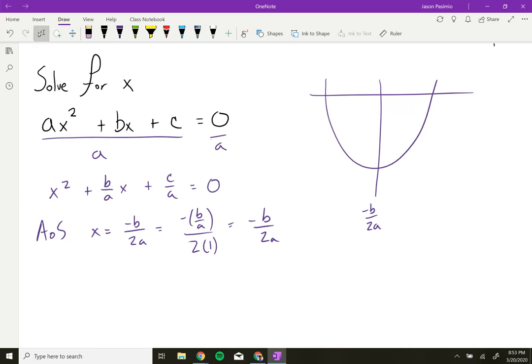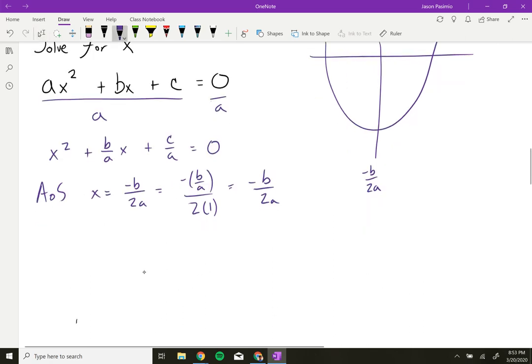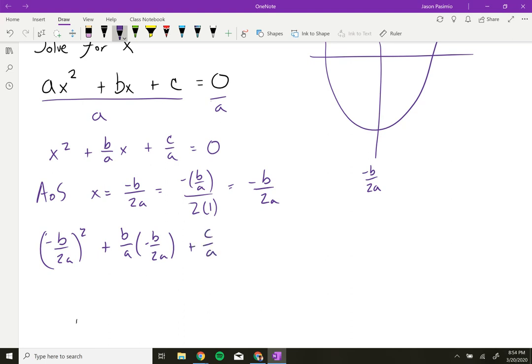I'm going to go ahead and plug that back in. So, negative b over 2a squared plus b over a times negative b over 2a plus c over a.